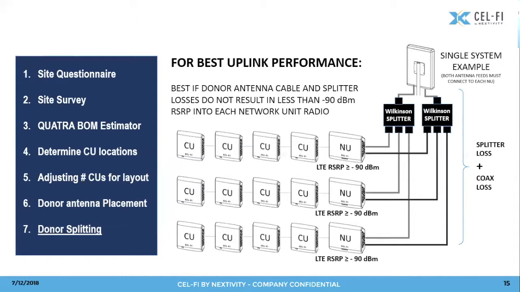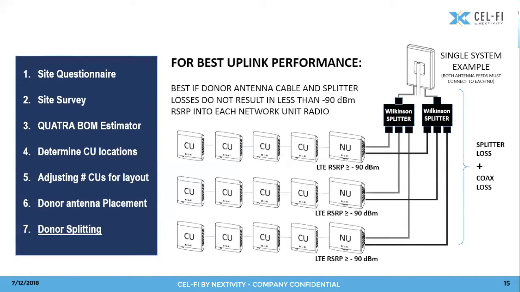LTE likes a lot of uplink power, so that isn't something that's going to be healthy for your uplink. A lot of people concentrate on downlink data rates, but uplink's very important also, especially for making calls and things like that. So if you utilize this technique, and I'm sure all of you will, just take your measurements from the roof where your donor antenna is going to be.